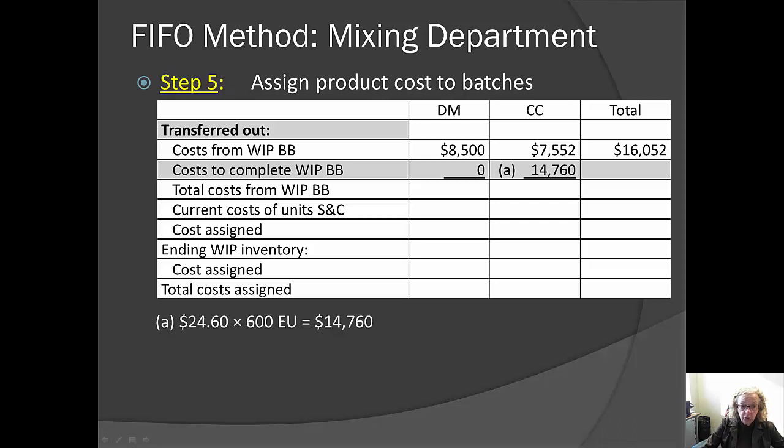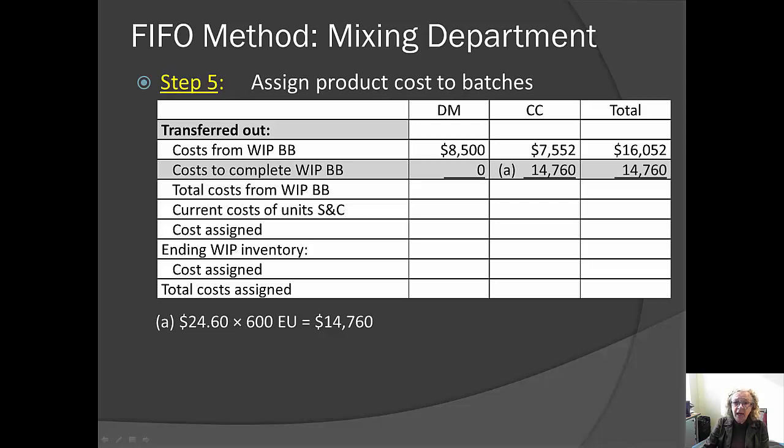For conversion costs, we said that there were 600 equivalent units. That was 1,000 physical units that had already gotten 40% of their conversion in a previous period and now got 60% of their conversion in the current period. So that's 600 equivalent units times the conversion cost per equivalent unit.